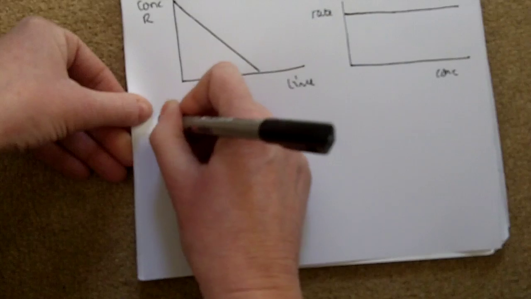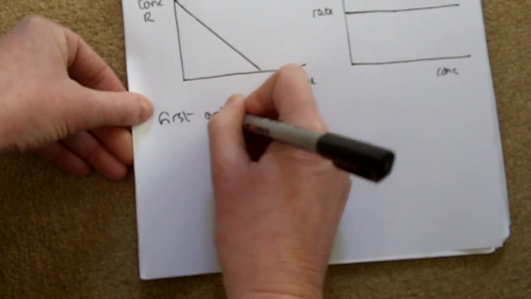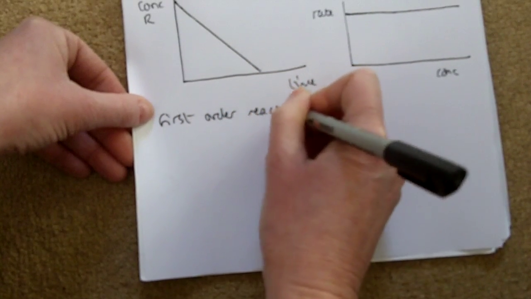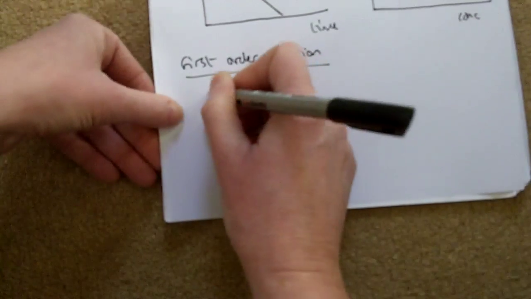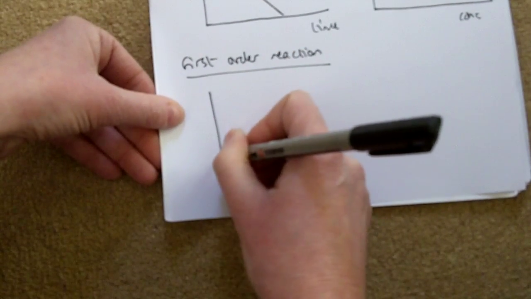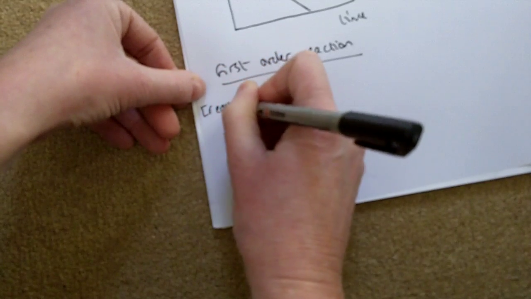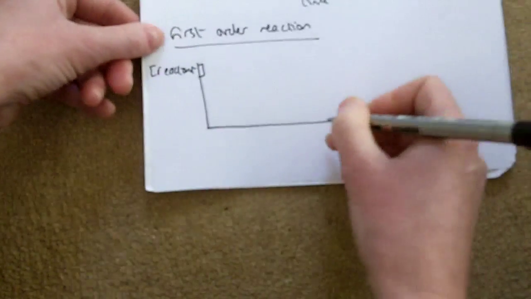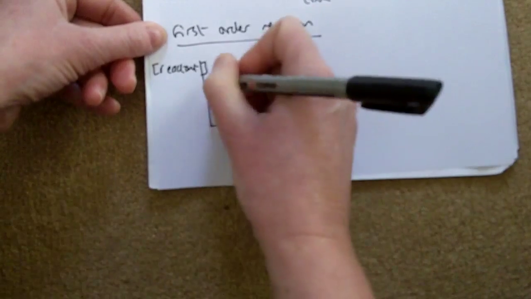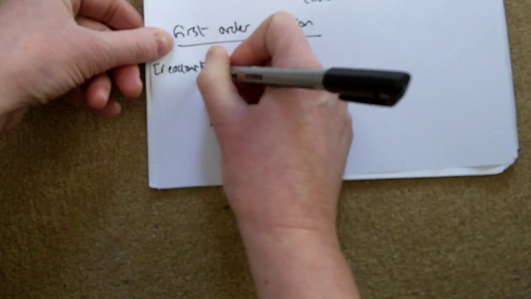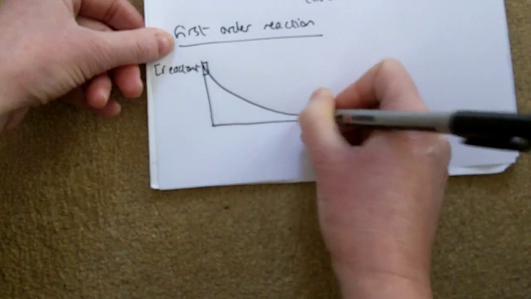If you have a first order reaction and you plot concentration of reactant against time, it will look like a curve like this.